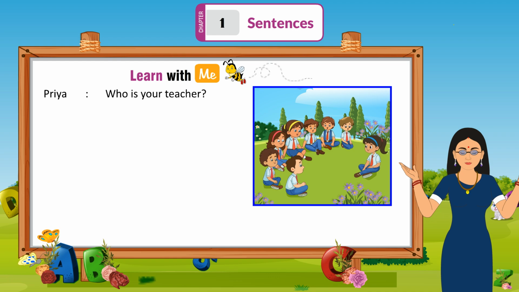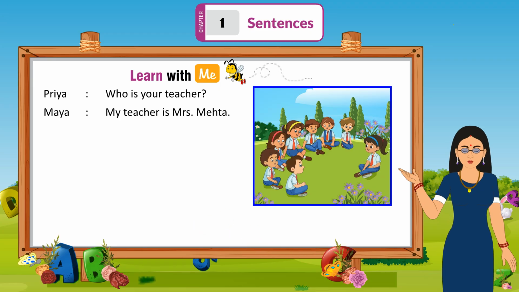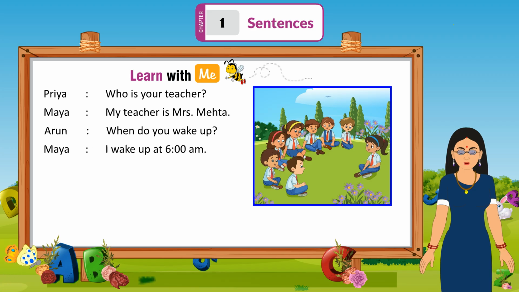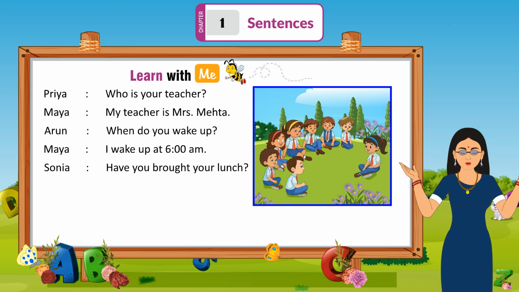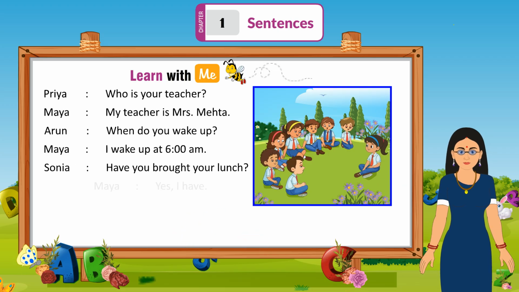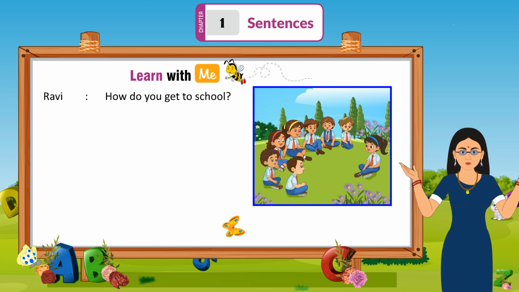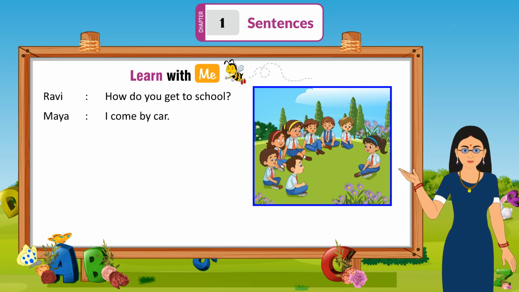Priya: Who is your teacher? Maya: My teacher is Mrs. Mehta. Arun: When do you wake up? Maya: I wake up at 6 a.m. Sonia: Have you brought your lunch? Maya: Yes, I have. Ravi: How do you get to school? Maya: I come by car.